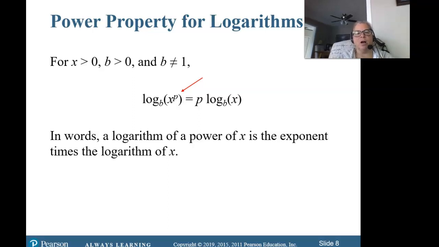This gives you a lot of superpower strength mathematically to get the exponent outside of the parentheses so that we can work with it.